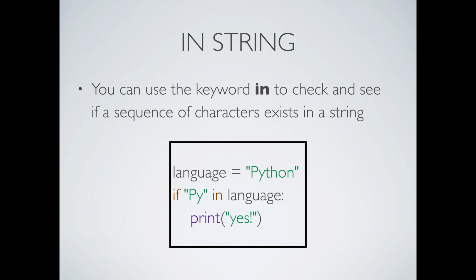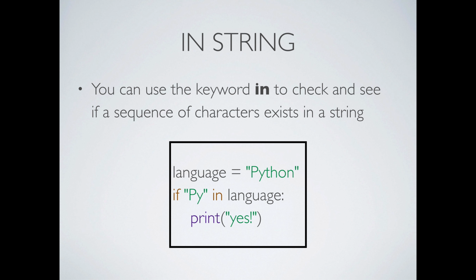You can do something like, hey, if py is in language, which is a variable that has the string Python in it, that condition right there, py in language, will return true if that substring, py, is inside the string that's stored inside this variable language. So in this case, this would be true, and it would print yes.